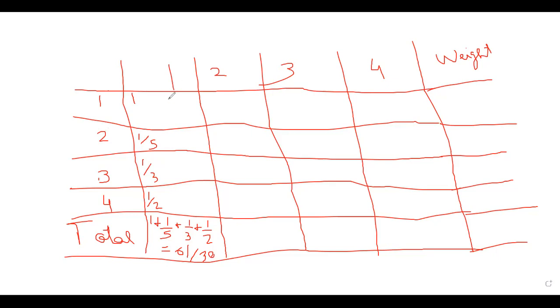So I will have here, I divide 1 by 61 over 30, so I get 30 over 61.